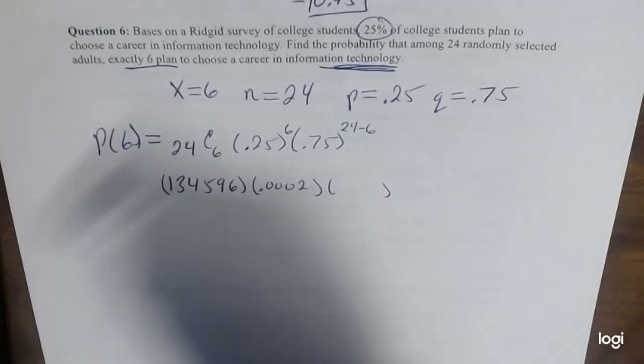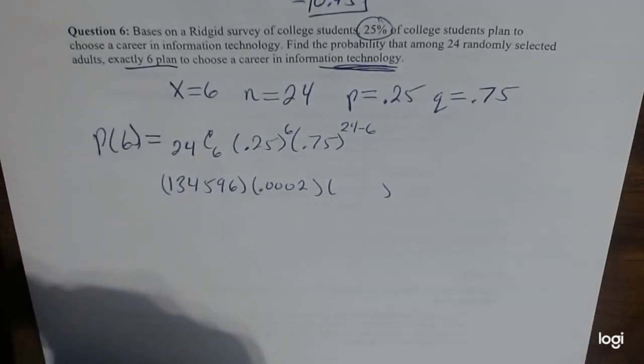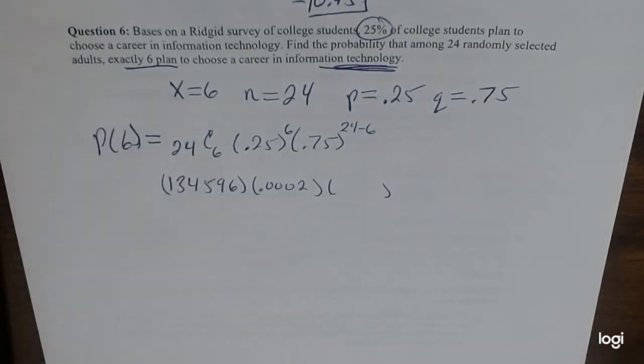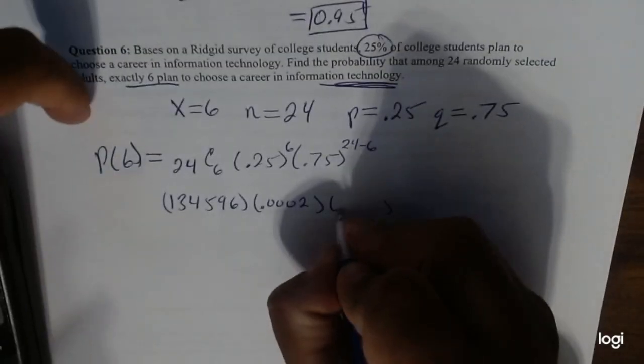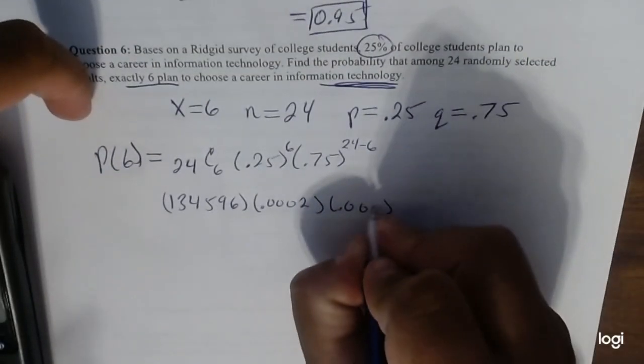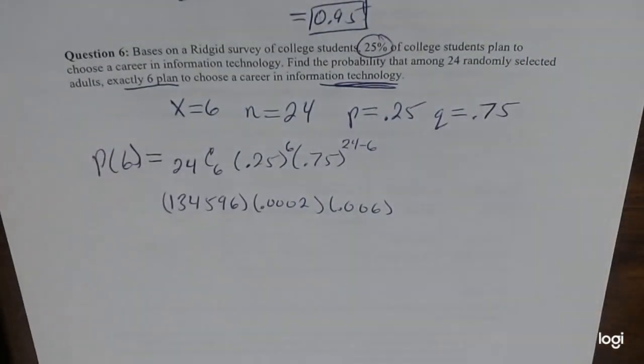And then 0.75 raised to the 24 minus 6, 24 minus 6 is 18, should give you 0.00, let's say 6. Okay, all right, so now multiplying these all together.